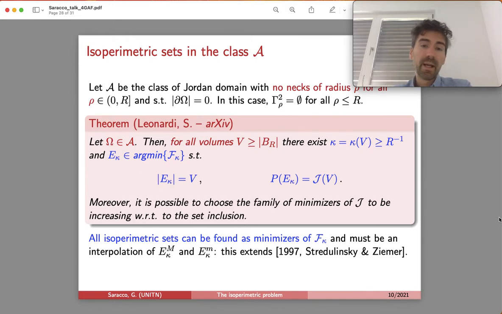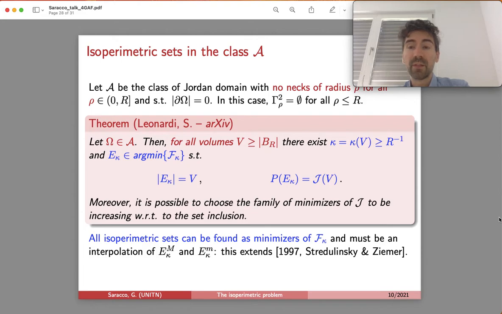Okay? And what I would like to remark here is that this class is very wide and can contain wild sets. For instance, the Koch snowflake, whose boundary is a fractal, whose boundary has infinite perimeter, and even non-integer Hausdorff dimension, belongs to this class.